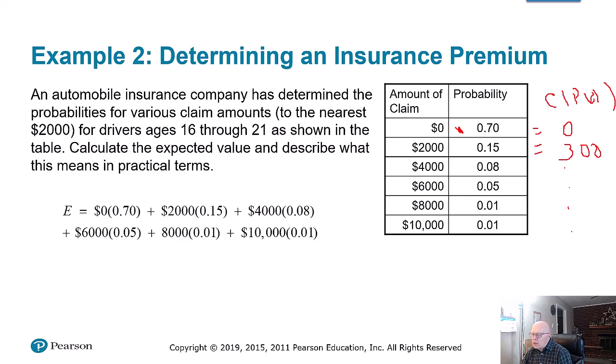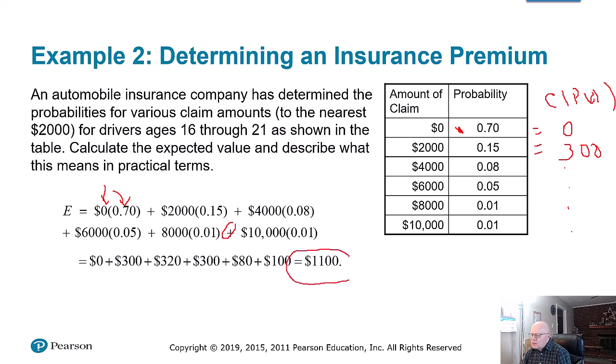So multiply all those together. Each of these is a result times the probability of that particular event. Add all those together, and this would be the expected value that any one client would claim during a particular year.